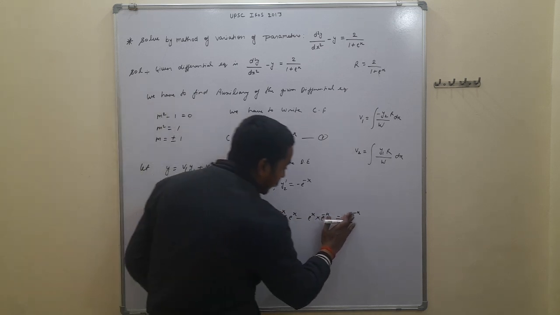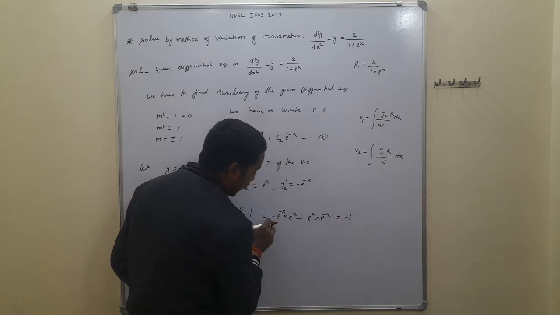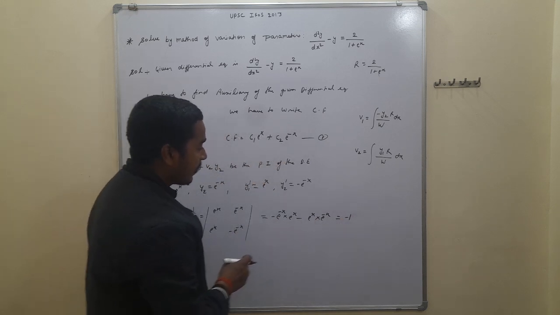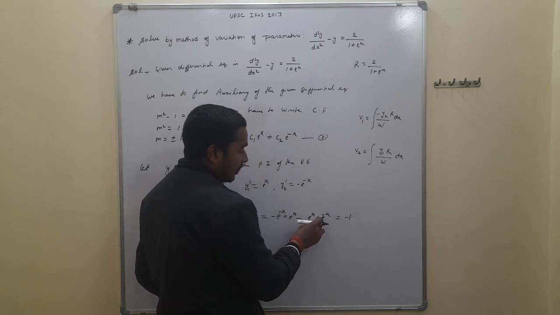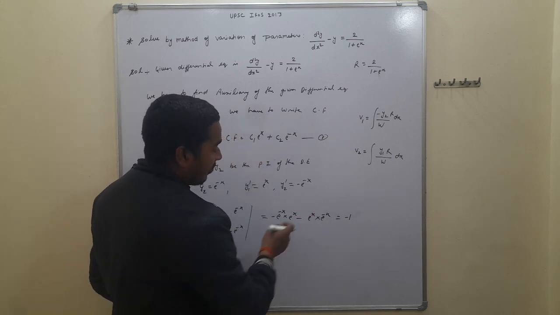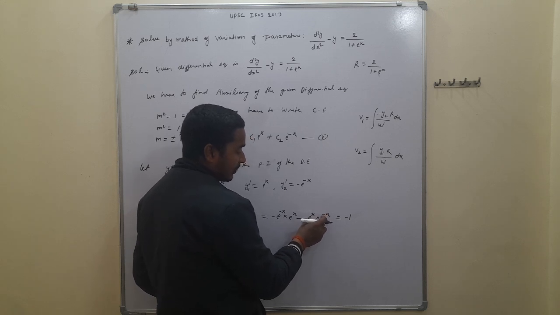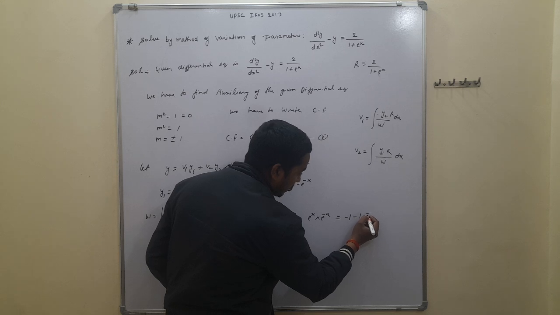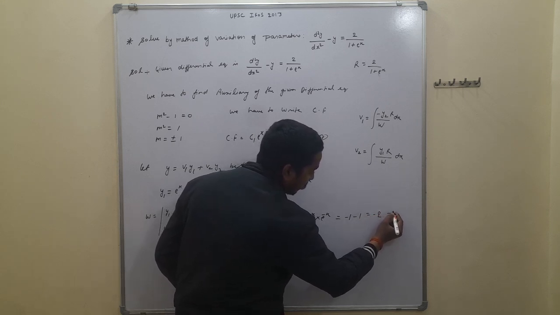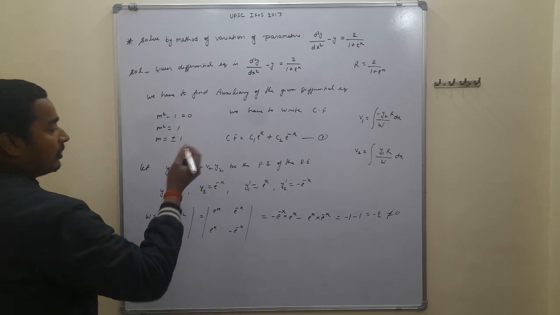From here we get e to the power of 0 is 1, and with the minus already present this is minus 1. Similarly, the other term also gives e to the power of 0, so w gives minus 2, which is not equal to 0. And further we have to put this in the equation.